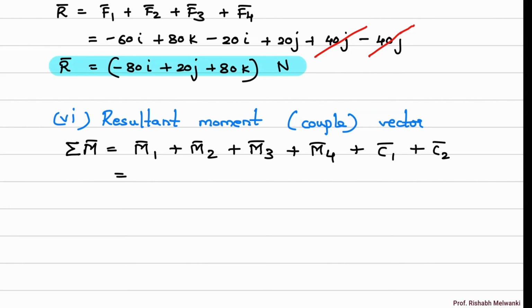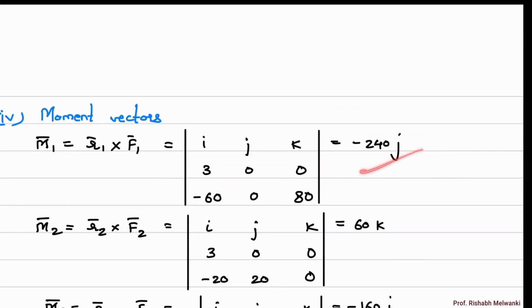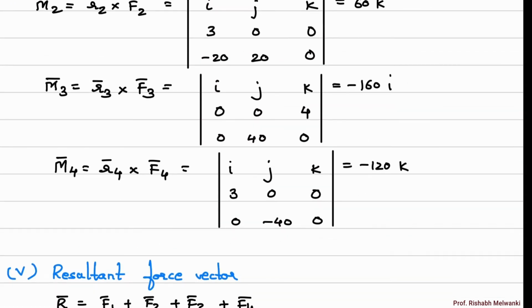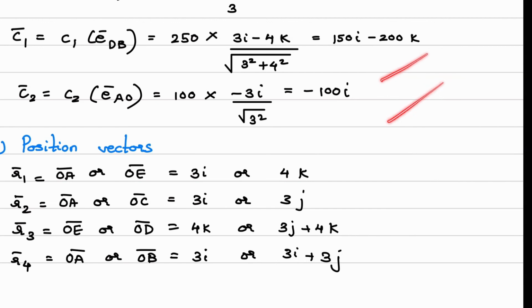We have already found all the values: M1, M2, M3, M4 and C1 and C2. We just add all the i terms, j terms and k terms.